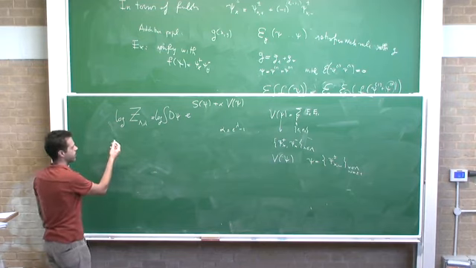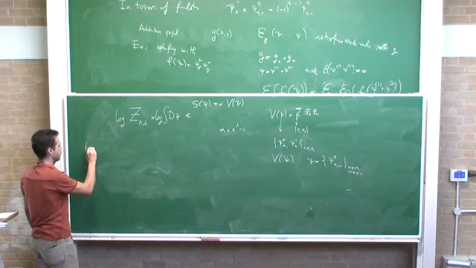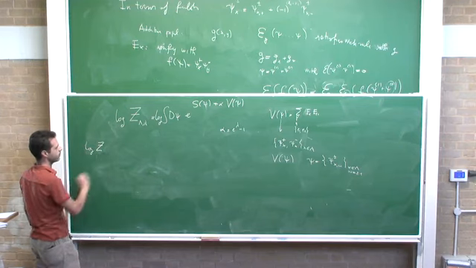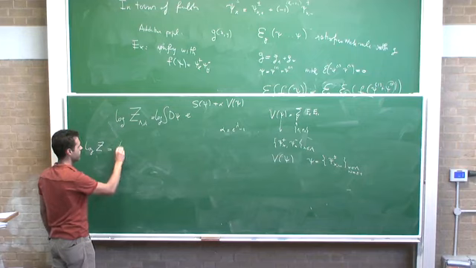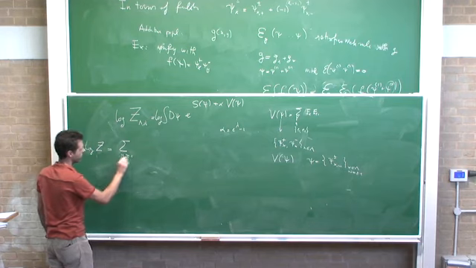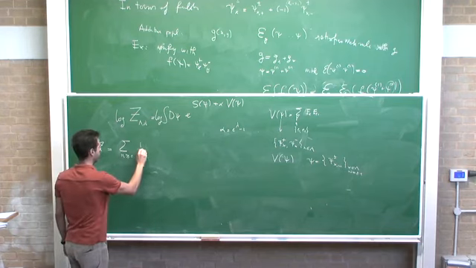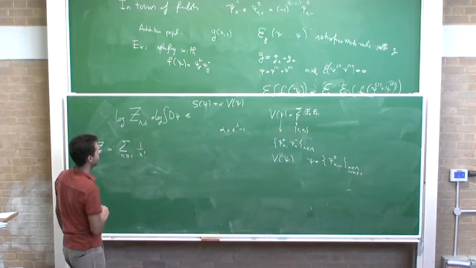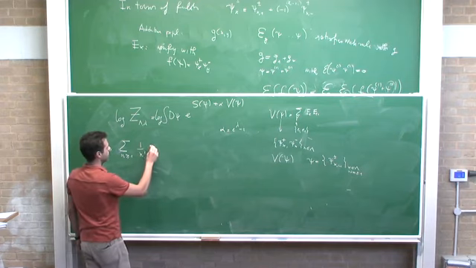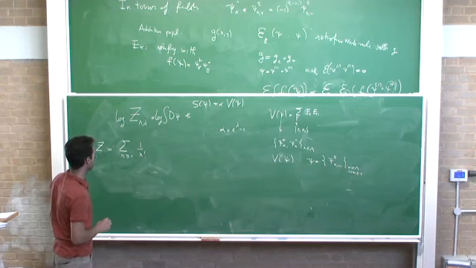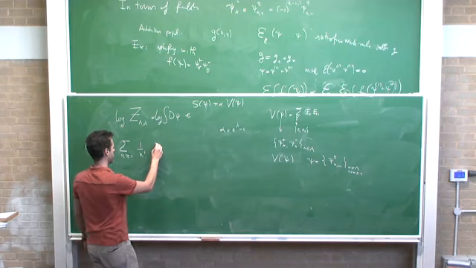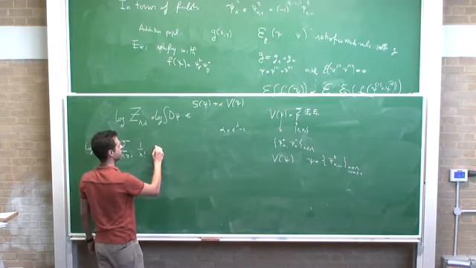So let me write down this expression: log Z is, you write it down and then comment. I need to normalize, let's write it and see if it's true.